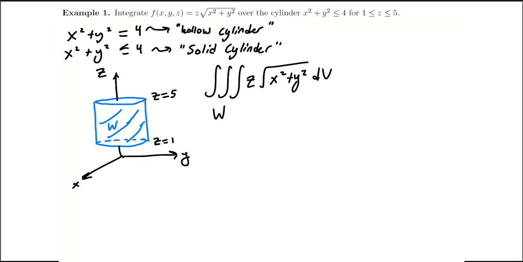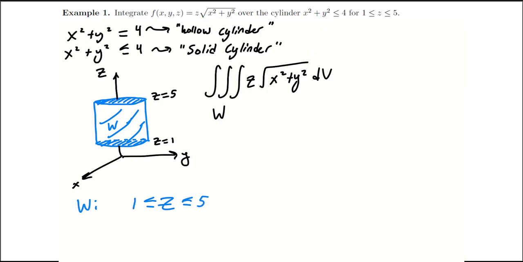Well, let's go ahead and describe W in terms of cylindrical coordinates. For cylindrical coordinates, we start off by saying, what's the top and bottom surface? Well, the top surface is definitely z equals 5, and the bottom surface is z equals 1.